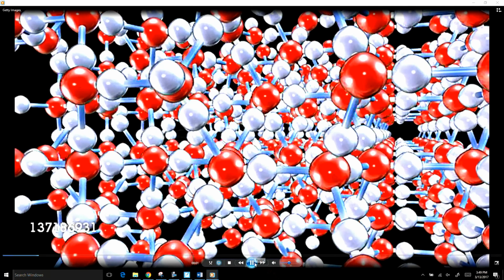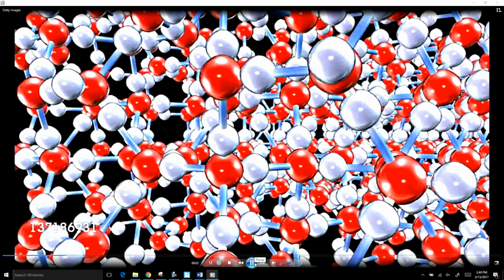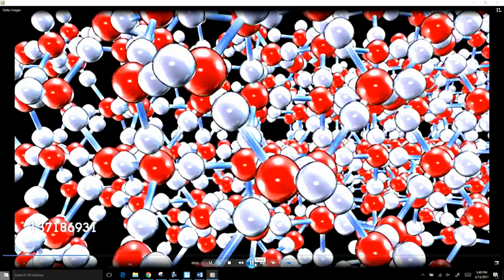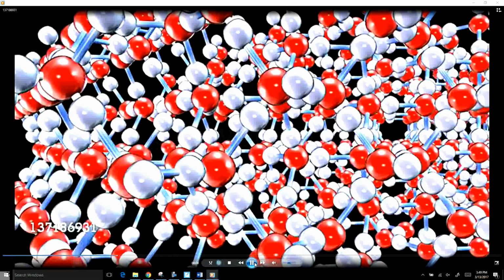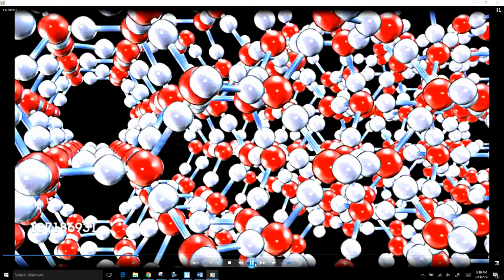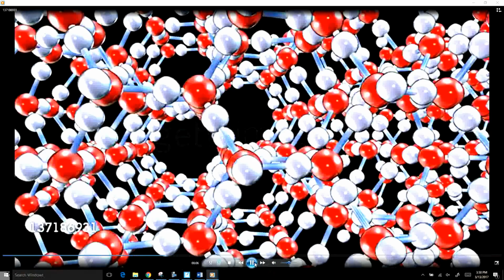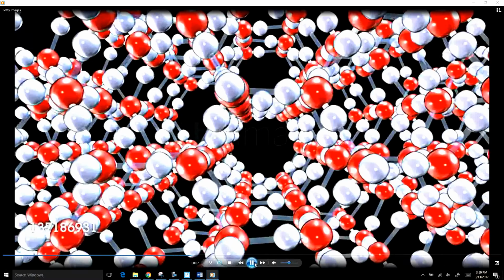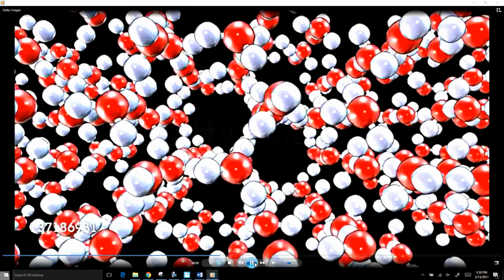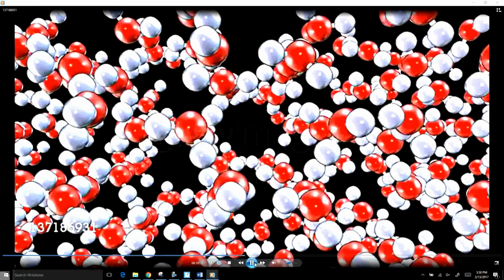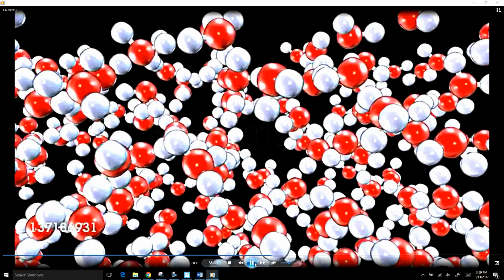And very slowly as I add heat, you'll notice that over time the water molecules will start to gain thermal energy, which will transfer to kinetic energy. And here they go. So here's the water molecules as they begin to heat up.